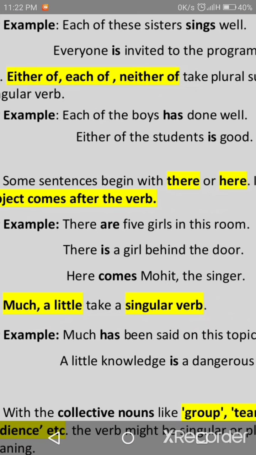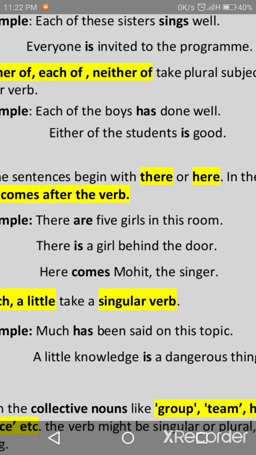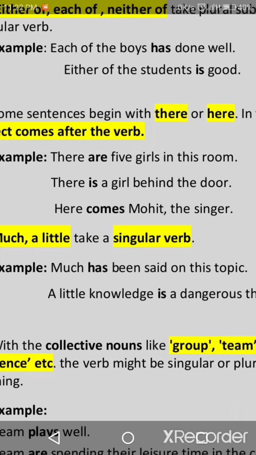Each is used and after that the plural noun boys is used, but the verb is singular. Either of the students is good. Here too a plural subject, students, is used, but the verb is singular.